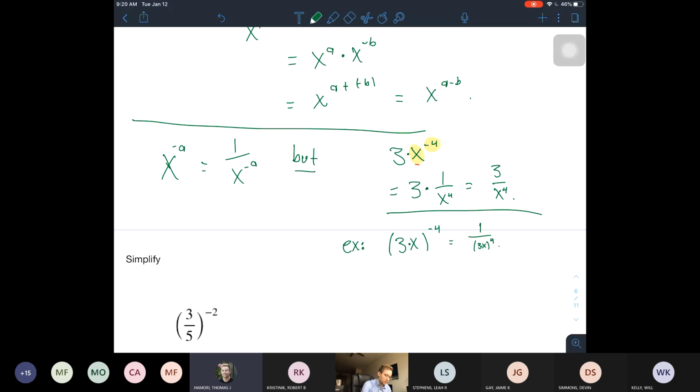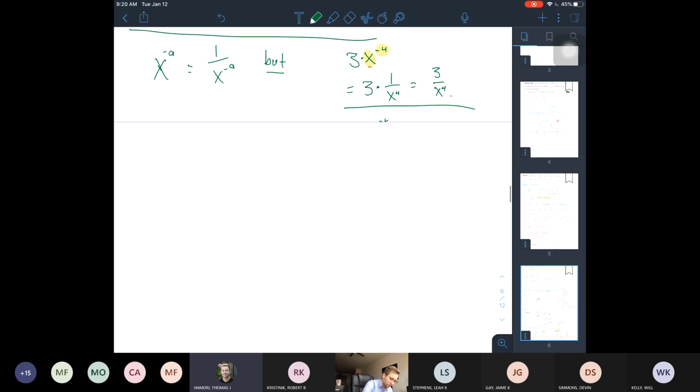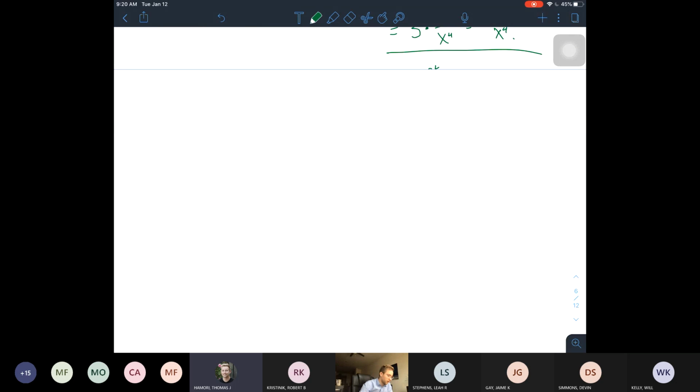Okay. Let me add yet another page and talk really briefly about distributing. And I'll just state these two rules.